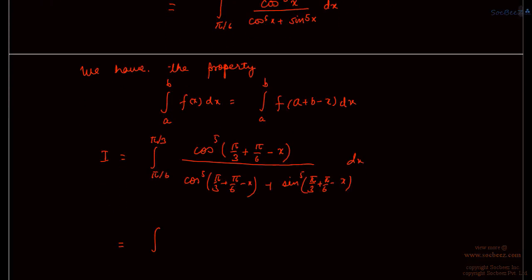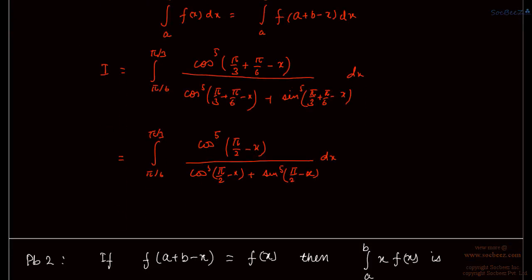Which is equal to the integral from pi by 6 to pi by 3 of cos of pi by 3 plus pi by 6, which is pi by 2, minus x, right? Here also cos of pi by 2 minus x plus sin of pi by 2 minus x dx.